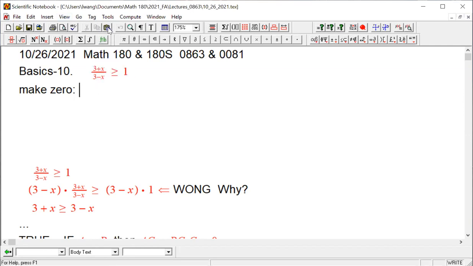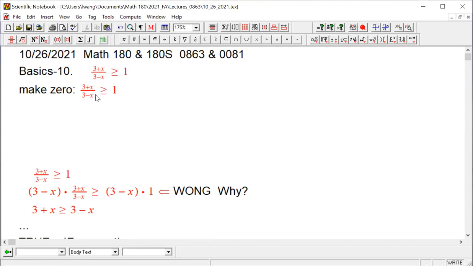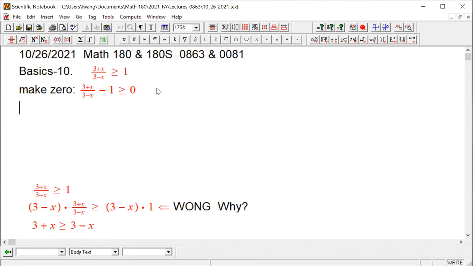Make 0. So something minus 1 greater than or equal to 0. Make a quotient. Sometimes we make a product, sometimes we make a quotient. Okay, we make a quotient. So how do we make a quotient?